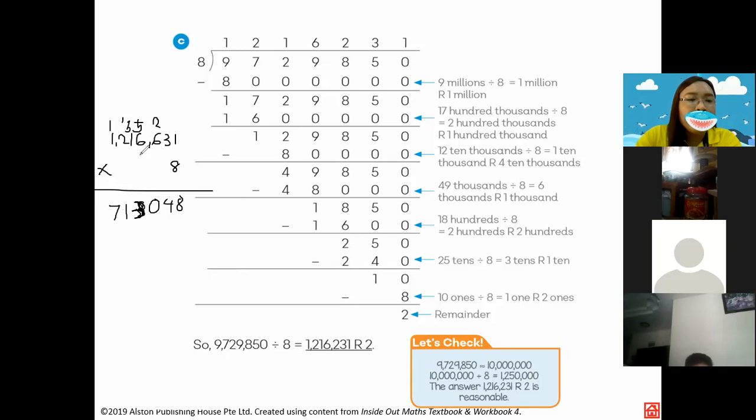Carry 1 over here. 8 multiplied by 1, that's 8. Plus 1, that's 9. Remember, we still have the remainder 2. So we will just add 2 here. So 8 plus 2, that's 10. Carry 1 here, 5.